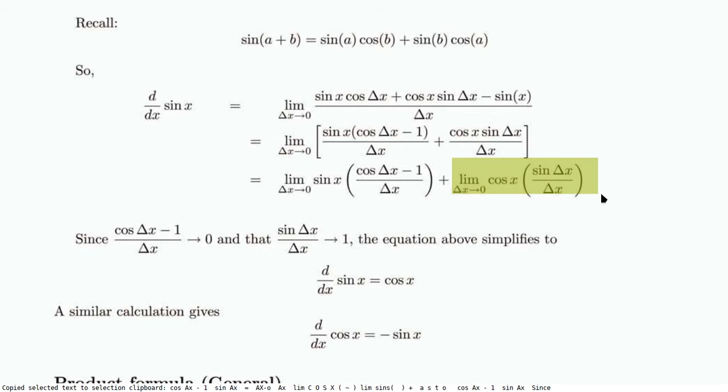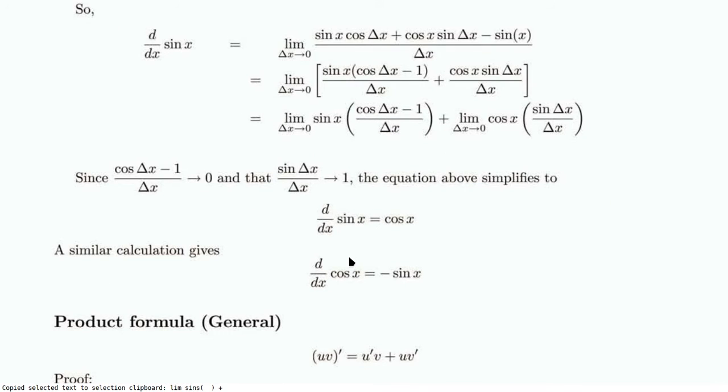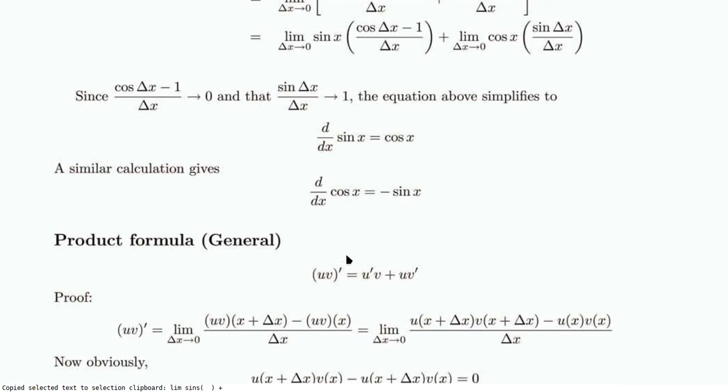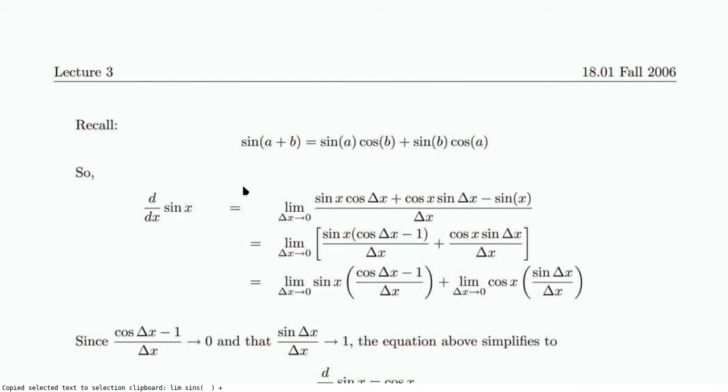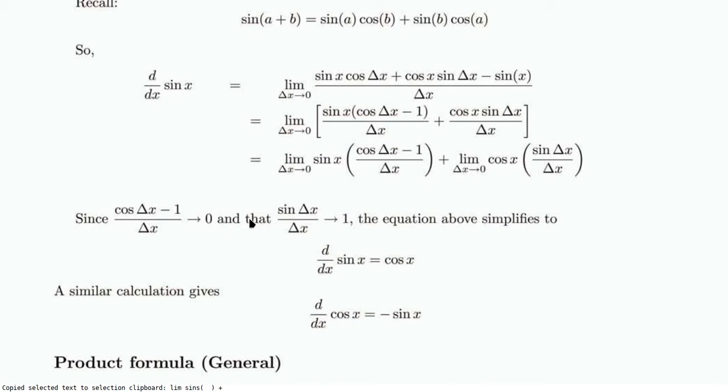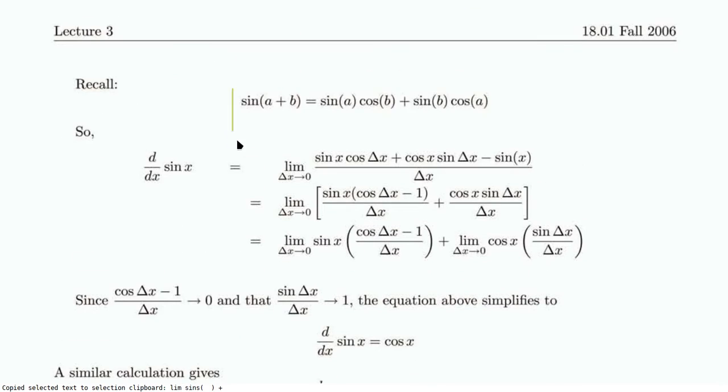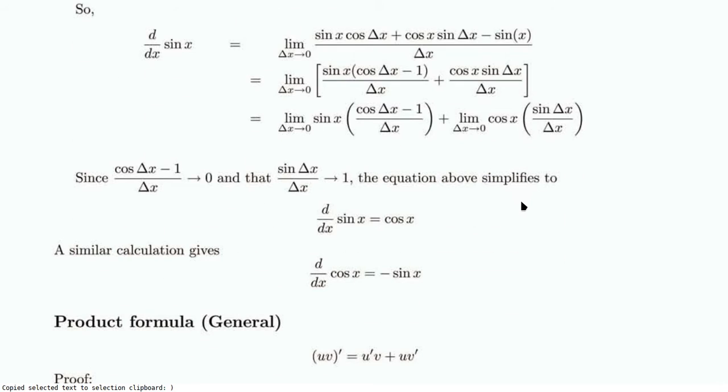So the derivative of sine of an angle is the cosine of that angle. And you do the same for the cosine function. You're going to use cosine of a plus b and other identities related to cosine, and you'll reach minus sine x. Can be a good exercise if you're interested.